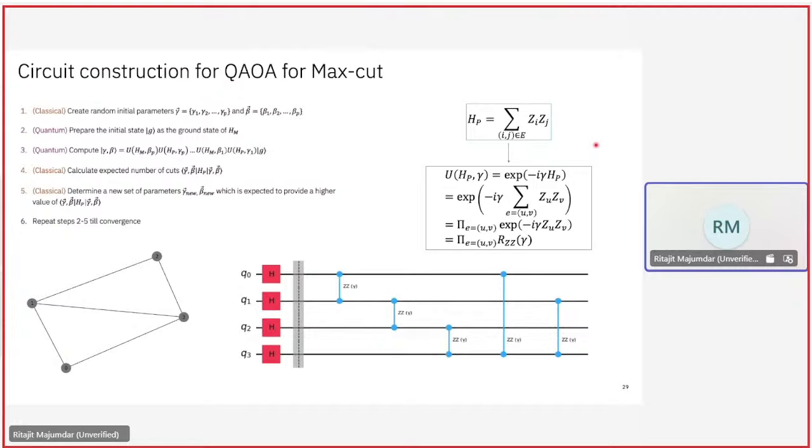There are some very nice papers. There is a guy called Stuart Hadfield. If you look into his PhD thesis, he did an extensive study on QAOA particularly for constrained optimization problems. The unconstrained one was given by Farhi. For the constrained optimization problem, he did a very exhaustive study, and his PhD thesis is available.